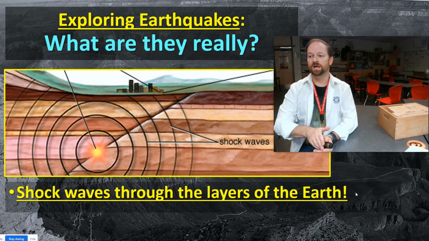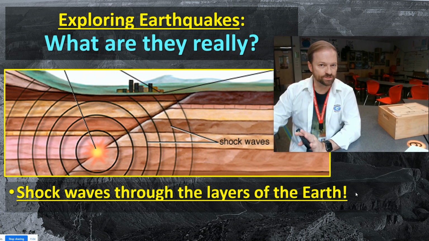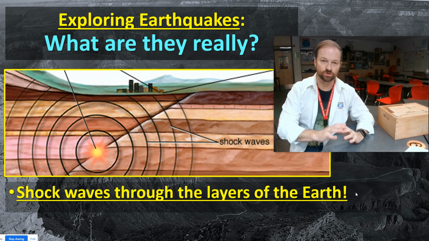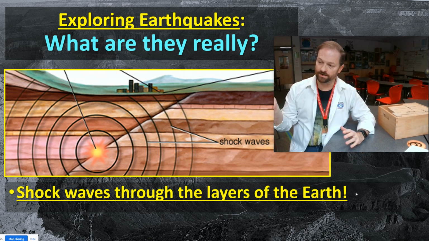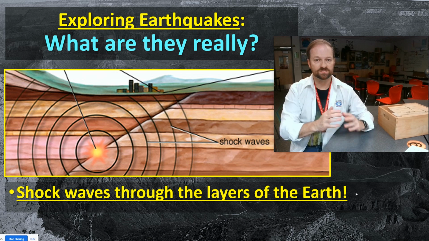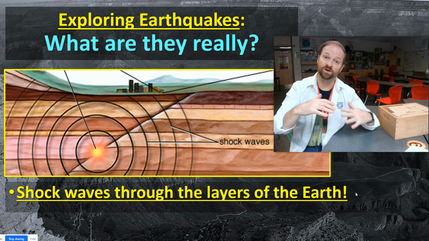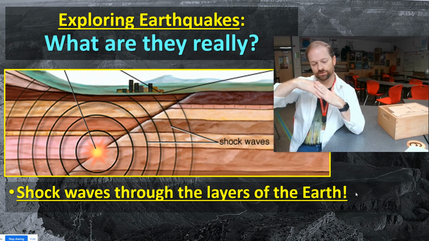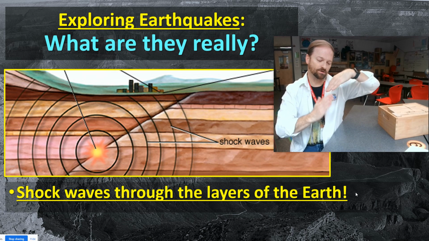Here we go. When I say shock waves through the earth, I mean something deep underground. As you see right here in this image, something deep underlying. Maybe it's a fault line, a crack in the ground, right? And it's under pressure. This part of the ground is under pressure, and that part, right?